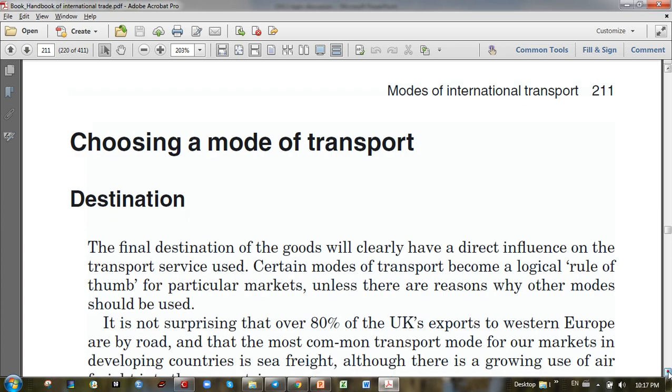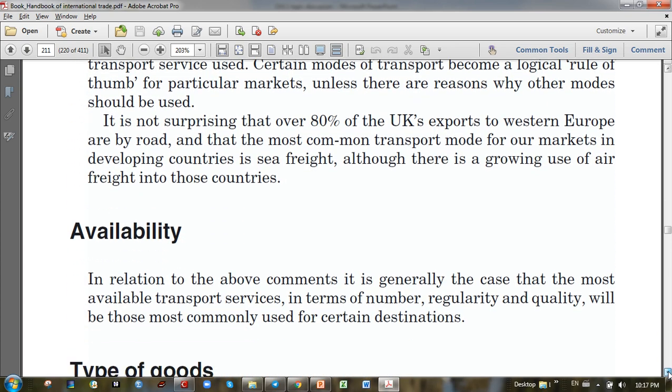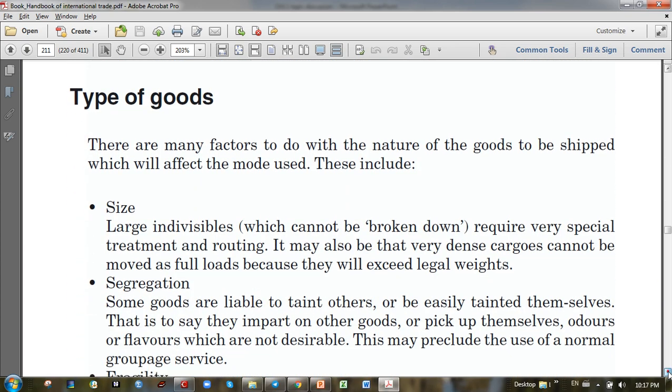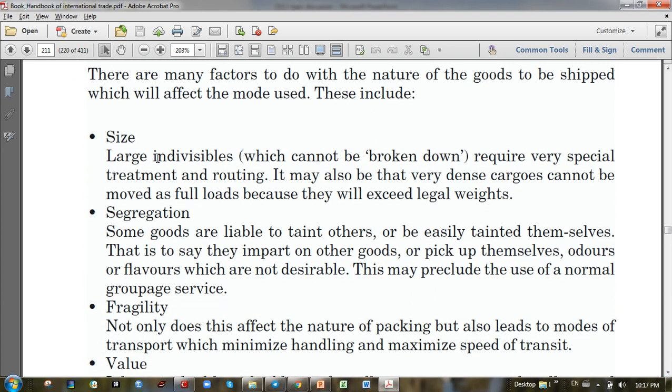Choosing a mode of transport: look at definition, availability, type of goods, size, segregation, frequency.